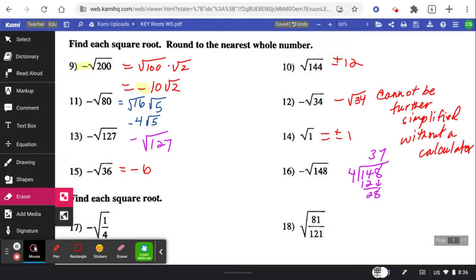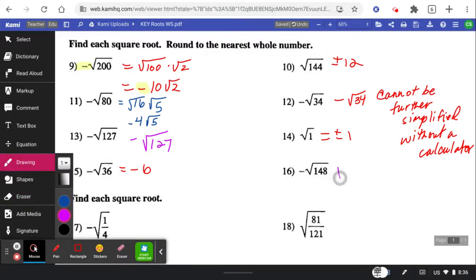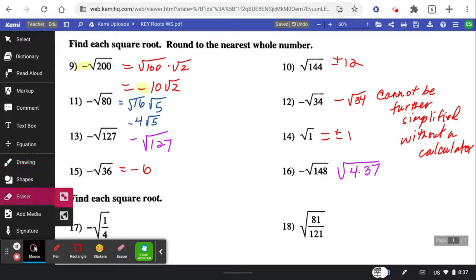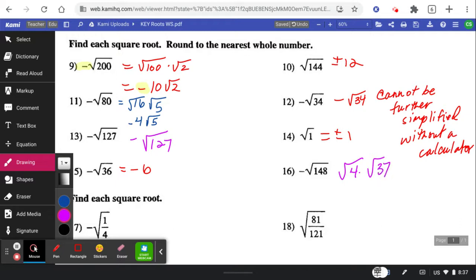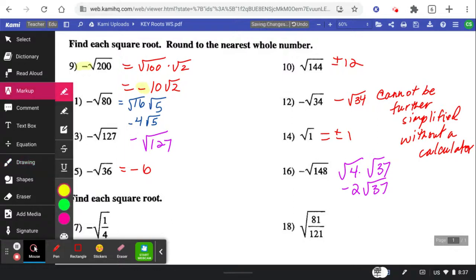So 4 times 37 are going to be my factors. And we can take the square root of 4, but 37 is a prime number, so we get 2 root 37 as our final answer.